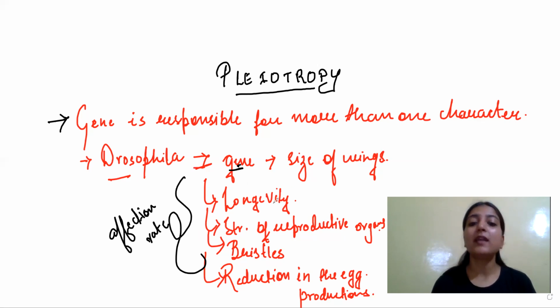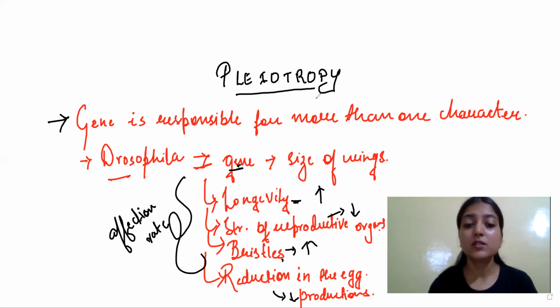It can influence longevity very much, structure somewhat less, and the others can again be very much or low. So the affection rate is not equal.